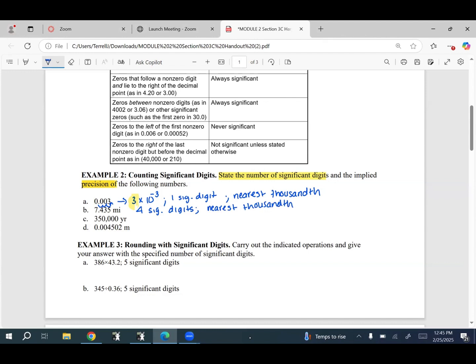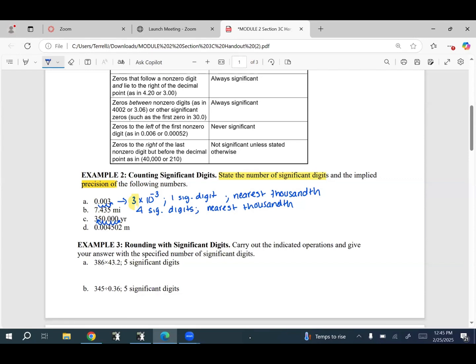For the next one, we have 350,000. That is not a value between 1 and 10. So in order to state the significant digits, I'm going to reformat this number by putting it in scientific notation first. So here is my decimal point. I'm going to move it over as many times as necessary until I get a number between 1 and 10. So that's 1, 2, 3, 4, 5.